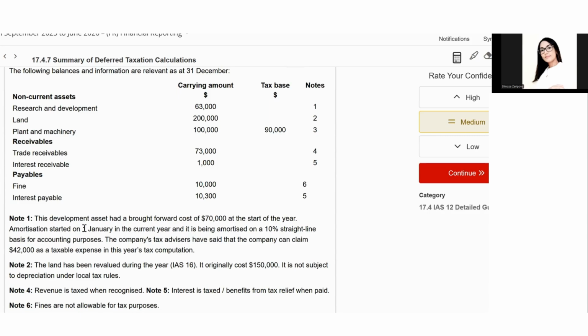Amortization started on 1st of January in the current year, and it is being amortized on a 10% straight line basis for accounting purposes. The company's tax advisors have said that the company can claim 42,000 as a taxable expense in this year's tax computation. So what does it mean? What would you do with this note 1?